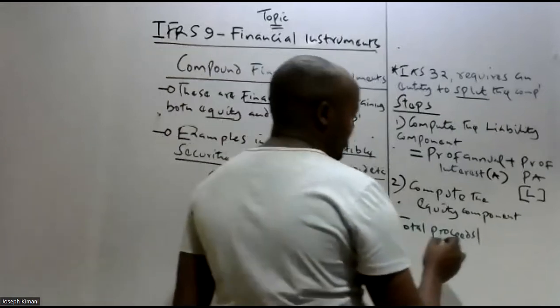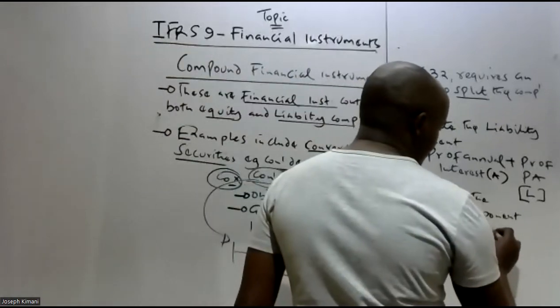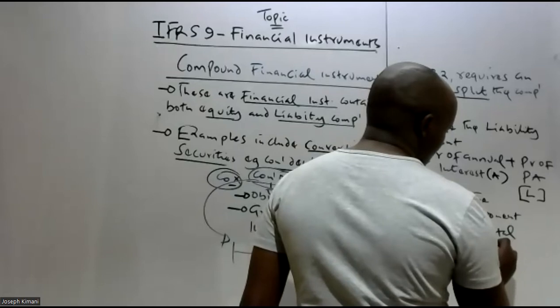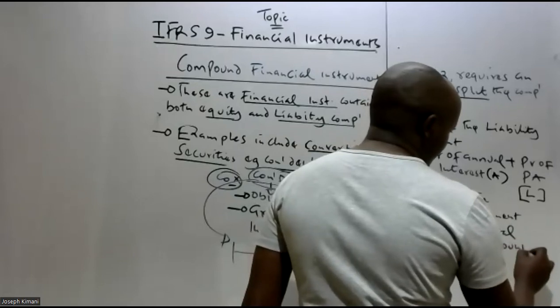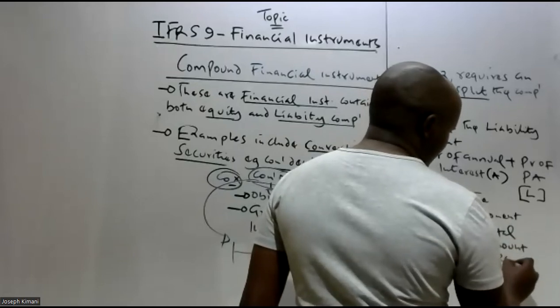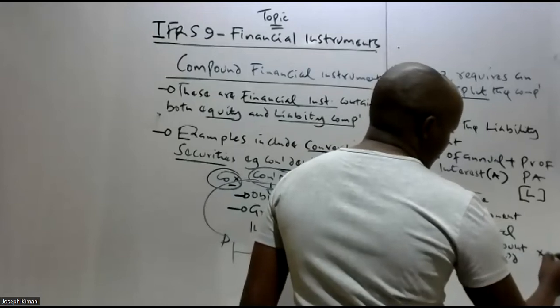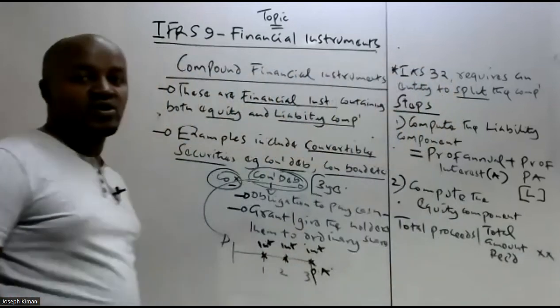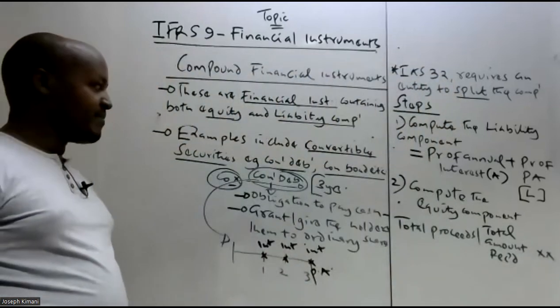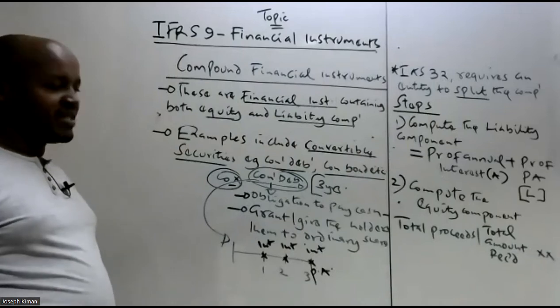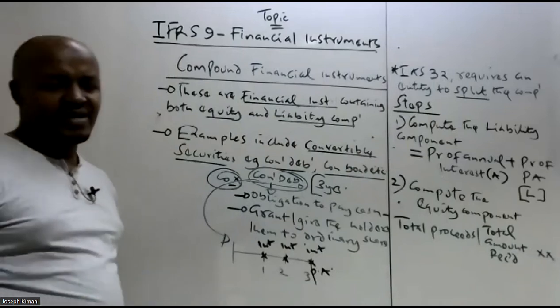So the total proceeds, in other terms, is the total amount received by the company as a result of issuing this compound financial instrument. If the company issued convertible debentures, automatically there is that cash the company received.